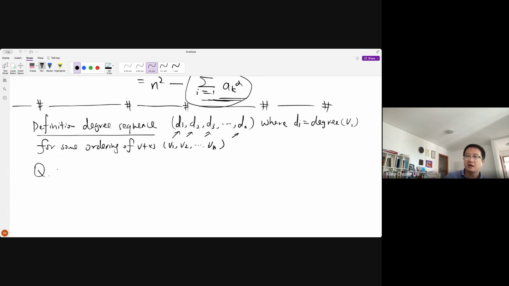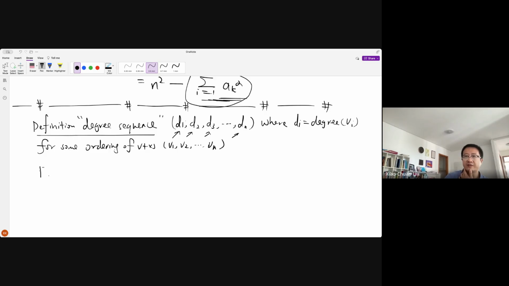So he asked, what kind of sequence can be a degree sequence? Okay, I think I need to make a more precise definition. So this is a degree sequence of a graph.